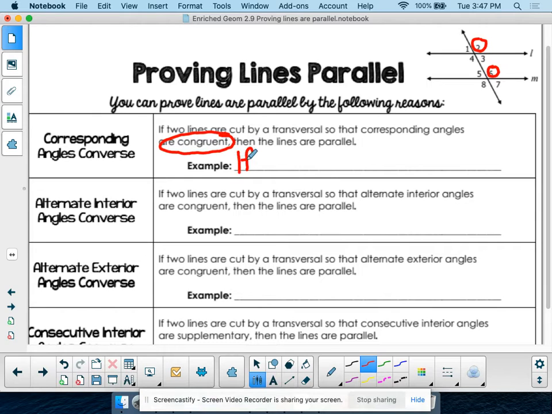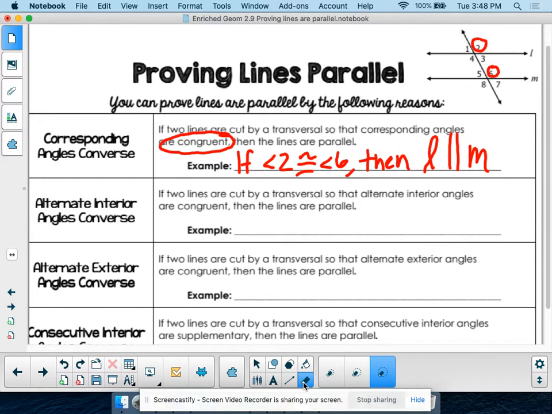So if angle 2 is congruent to angle 6, then what lines are parallel, folks? You would say L, remember these vertical bars mean parallel, to M. So if you have corresponding angles that are congruent, we have parallel lines.